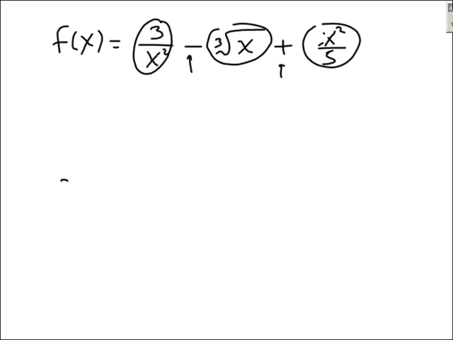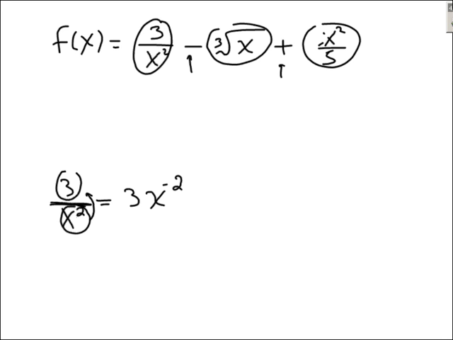Now, 3 over x squared, that's not a constant times x to a number. It's the constant divided by x to a number. So what we're going to do is, we're going to bring this to the top. And when you cross the division line, all you do is change the sign of the power.